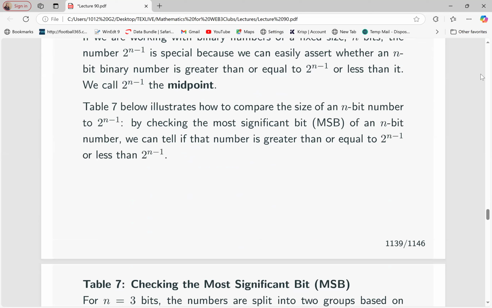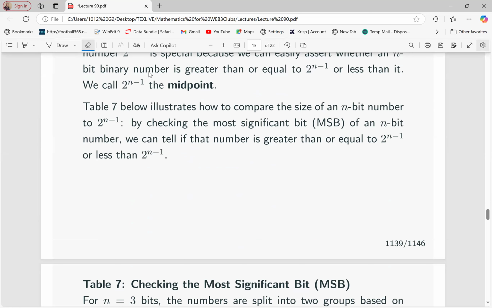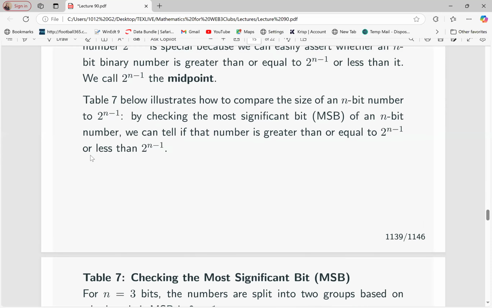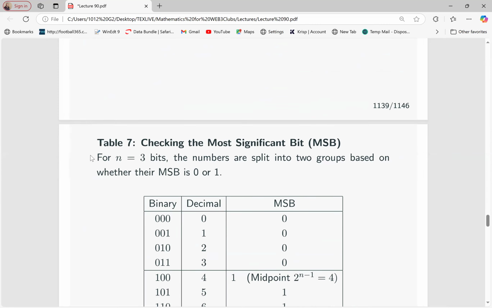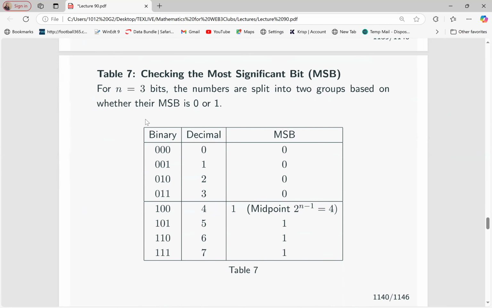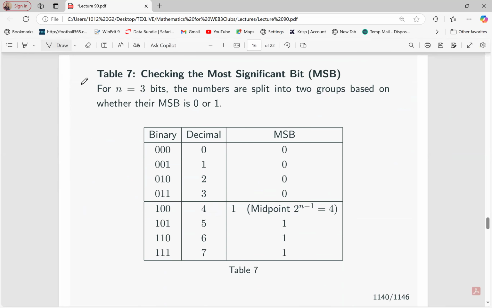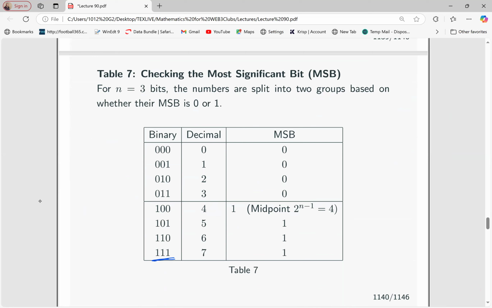But just to give you a hint of what we'll be doing here: if we are talking about 3 bits, I identify the largest 3 bits and the least 3 bits, and then we have the mid.